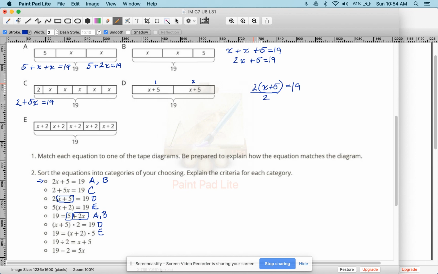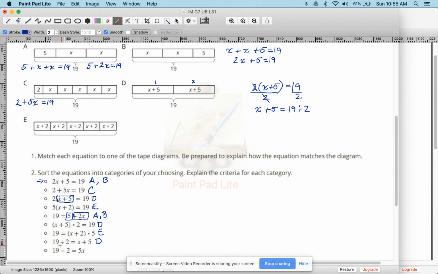And if you did that, 2 divided by 2 is 1, and you would have x plus 5 by itself over here. But whatever you do to this side, you have to do to this side. So this over here would be 19 divided by 2. And then you could figure it out from there. But what they're showing you here is this 19 divided by 2 equals x plus 5. That's one of the steps that you would take to solve for D. So that is equivalent to D.